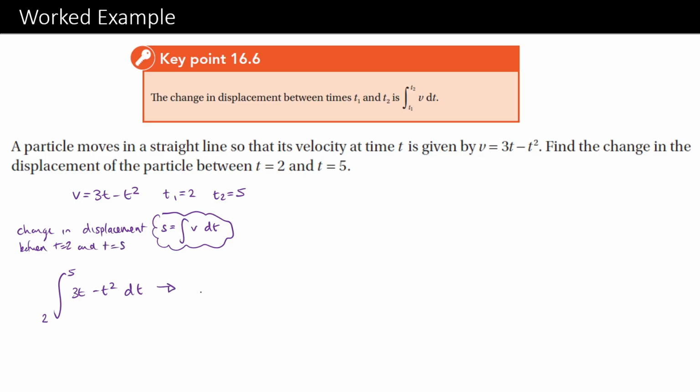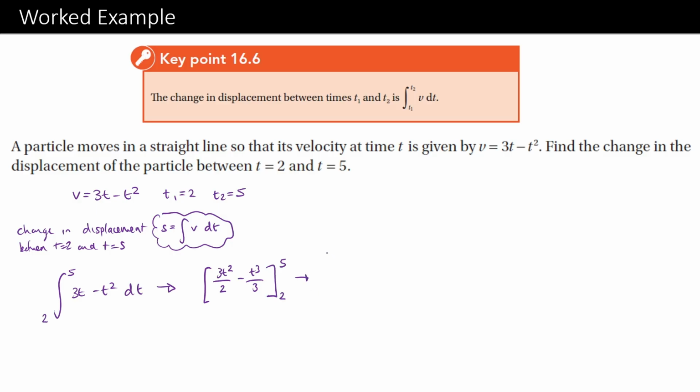All that's left for me to do is work this out. I integrate it first, so 3t squared over 2 minus t cubed over 3. Again, I don't need to write the plus c because I'm working with a definite integral. I'm substituting 5 and 2 into this.